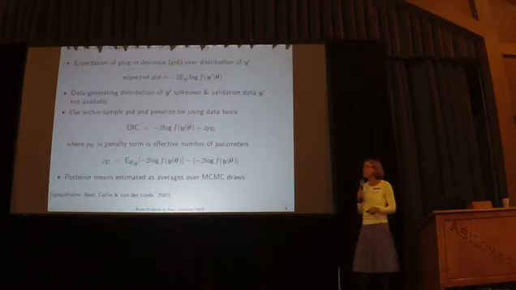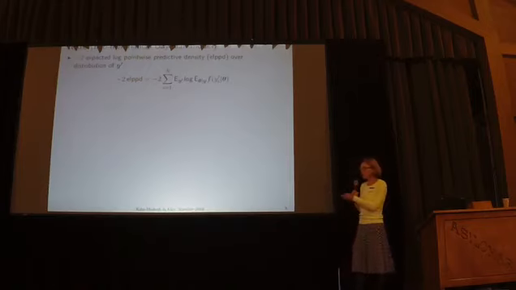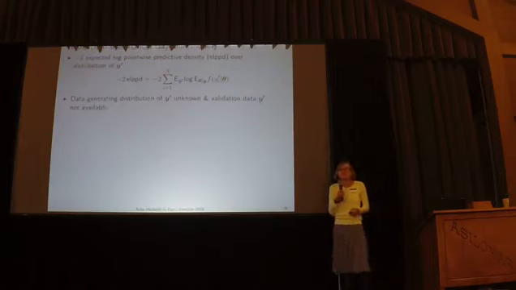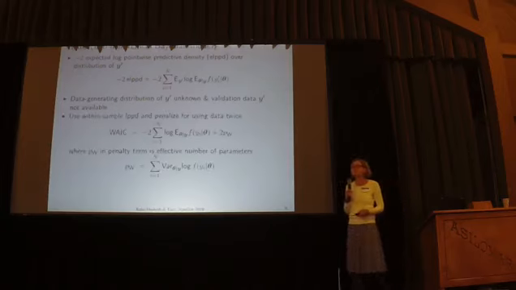Okay, so for the WAIC, the target is the expectation over future data of the log predictive density. So this is also called ELPPD. And we have the same problem. We don't know what the distribution of y is for future data. We don't have any validation data, so we just use the in-sample version of this.